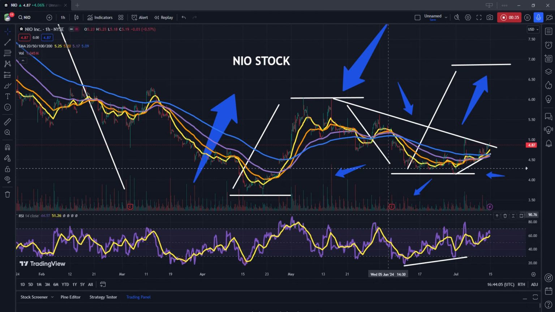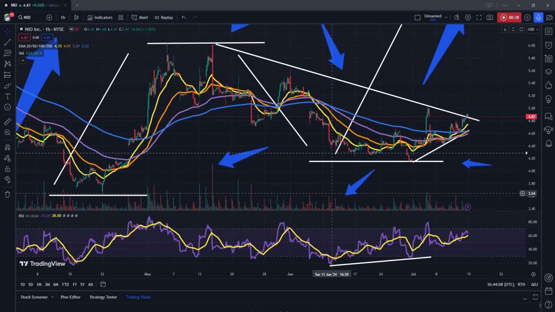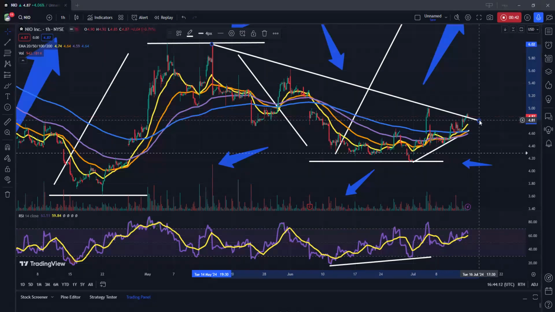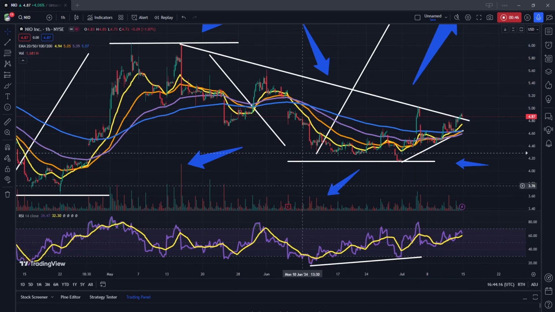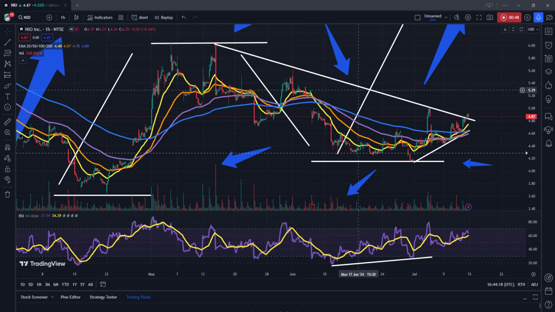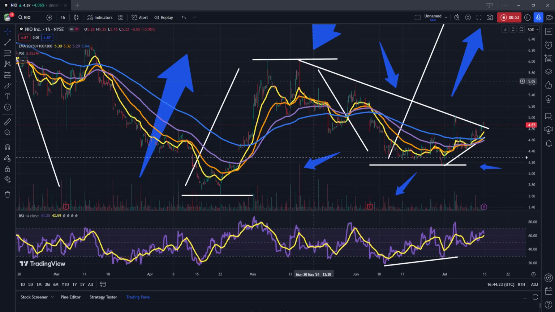In particular, on this hourly chart, what we can point to is the fact that we are starting to lose some of this resistance zone here that was defined by this prior downtrend line. We can see that we did have a series of lower highs that were built ever since the stock initially created this double top pattern back on the 6th of May.